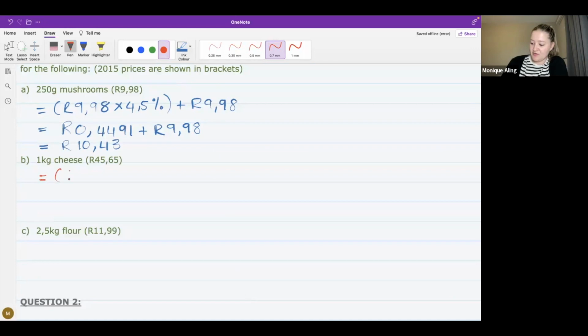So your calculation will look as follows. And you see the similarity in this calculation and our compound interest questions last week, except we did it for a lot more years, but this is what we did.